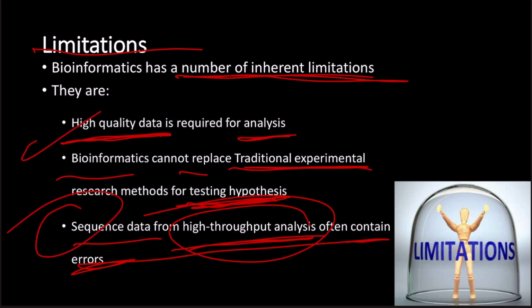These three, that is, requirement of high quality data, then it cannot replace traditional experimental research methods for testing hypothesis, then third, the sequence data, if it contains errors, then it would lead to error containing downstream analysis results. So these are the disadvantages of bioinformatics in a broader way.